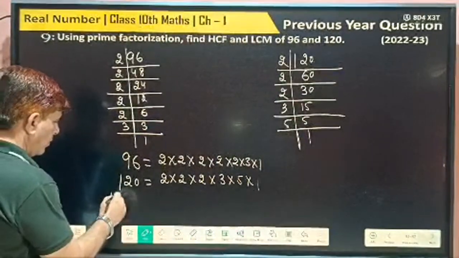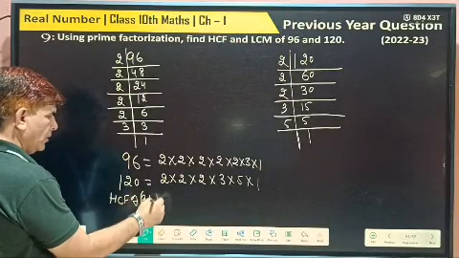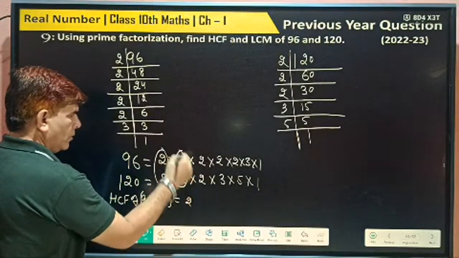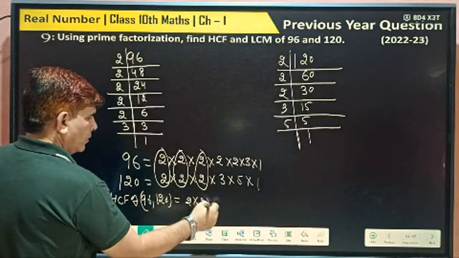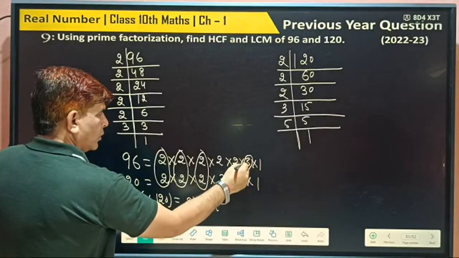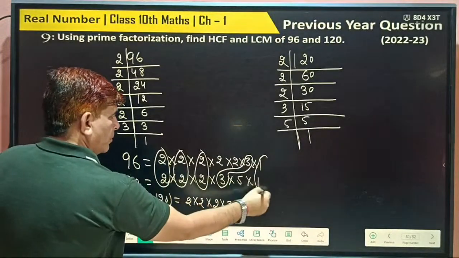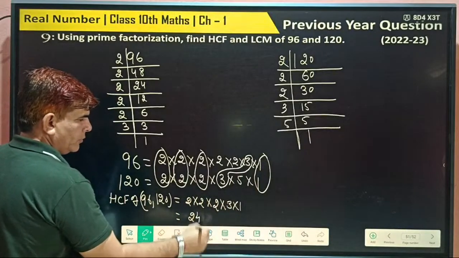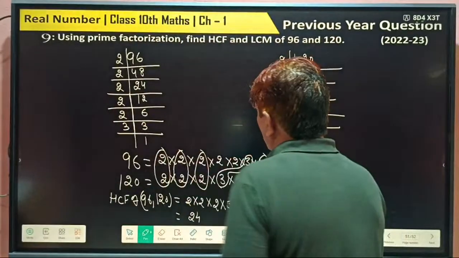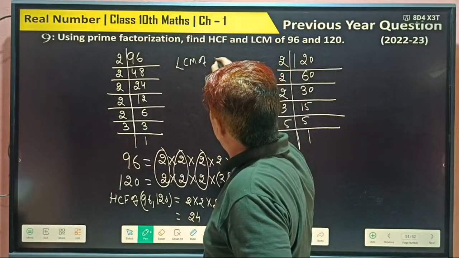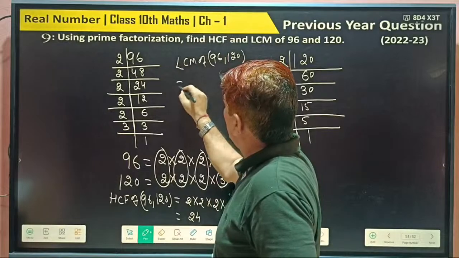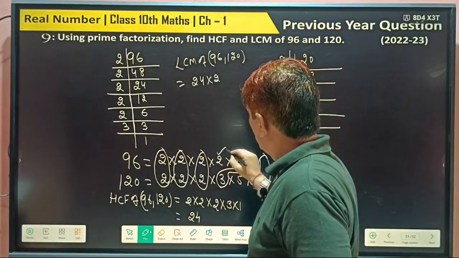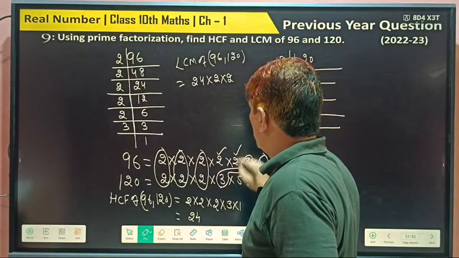Understood? Now HCF of 96 and 120 is the product of what is common: 2, 2, 2, and 3. So the HCF is 24. And for the LCM of 96 and 120, the HCF is 24, and we take the factors which are not common: this 2, this 2 also, and this 5.